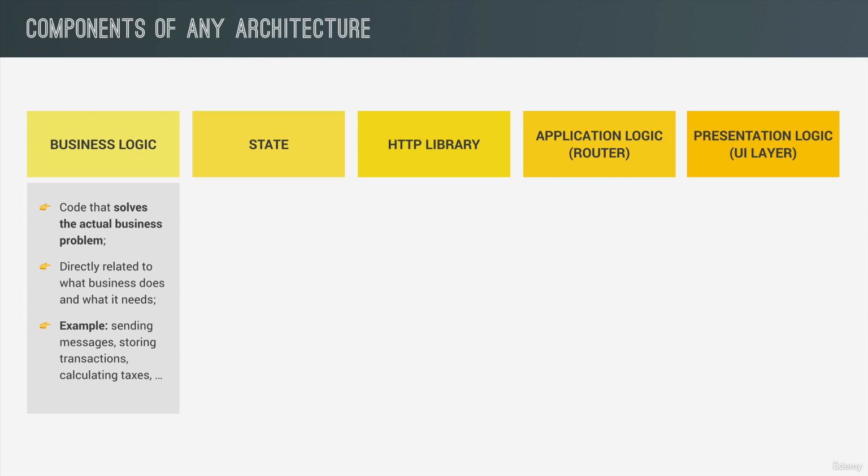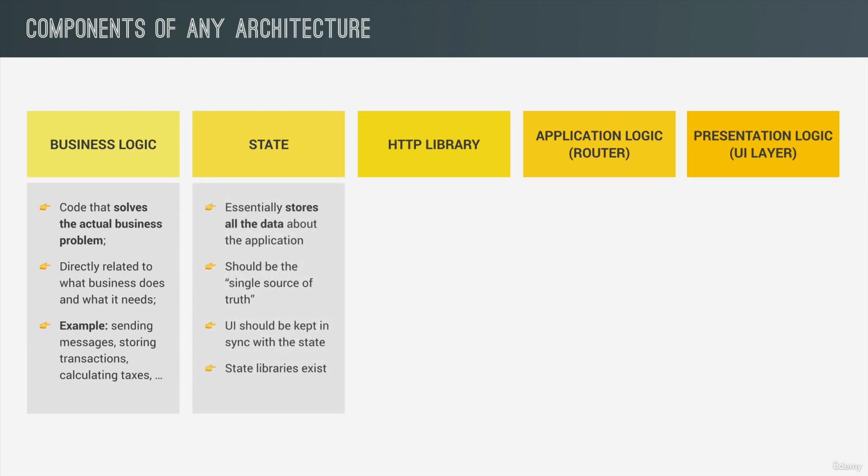Okay, next is the state, which is one of the most important aspects of any web application. So the application state is essentially what stores all the data about the application that is running in the browser. So the data about the application's front end, basically. So the state should store any data that you might fetch from an API, or data that the user inputs, or what page the user is currently viewing, and so on.